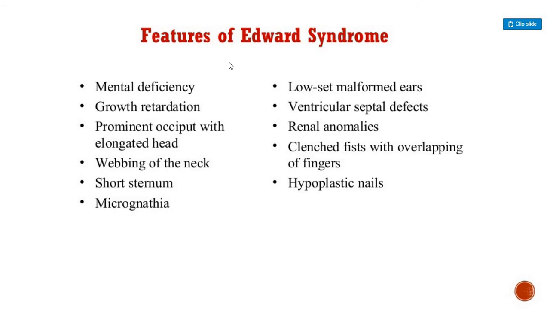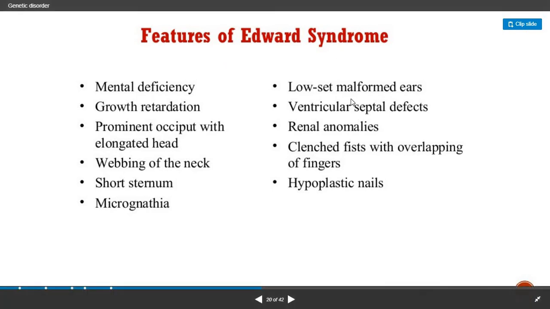Then short sternum. Then next, micrognathia. Micrognathia means the individuals have a very small lower jaw. Next is low set malformed ears, means the ears are not well developed.